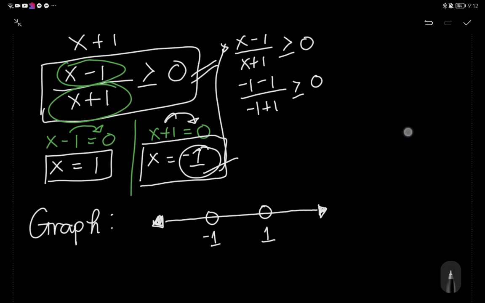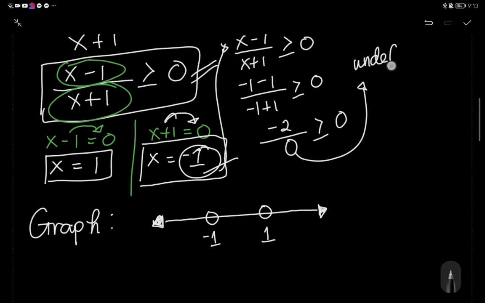Negative 1 plus negative 1, we are going to add because they are both negative signs. That becomes negative 2 over negative 1 plus 1, subtract because they have different signs. Negative 1 plus 1, that is 0. If the denominator becomes 0, this is called undefined.